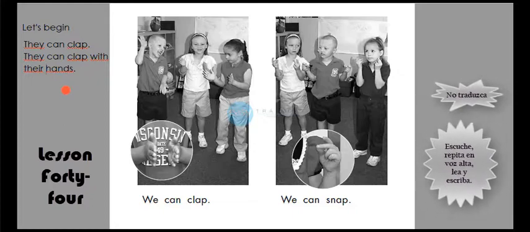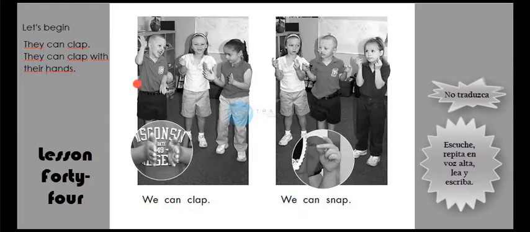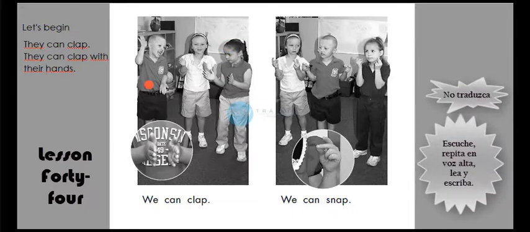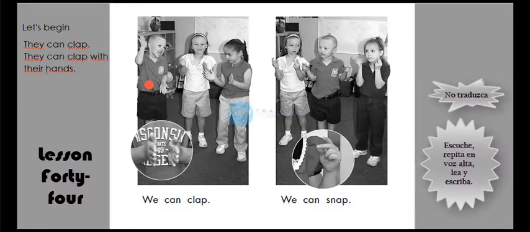Hemos usado previamente my, your, ahora their. ¿Por qué their? Porque no me pertenecen a mí. Tampoco le pertenecen a usted. Le pertenecen a ellos. They can clap with their hands.